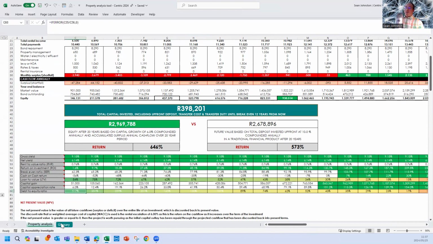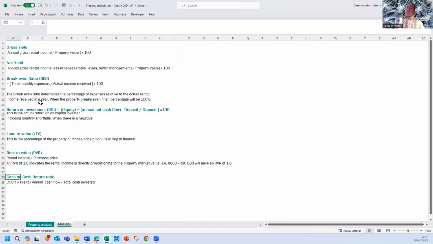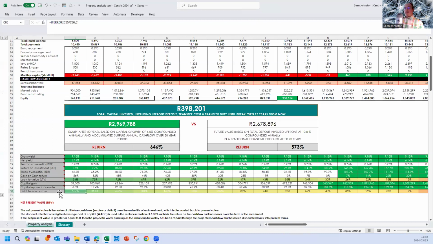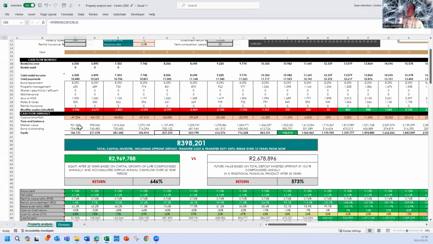And then, of course, debt to equity. Your debt to equity is basically calculating how much debt do I have relative to the equity that I'm unlocking. So this is the debt, this is the equity. As time goes by, your equity gets bigger and your debt gets smaller.